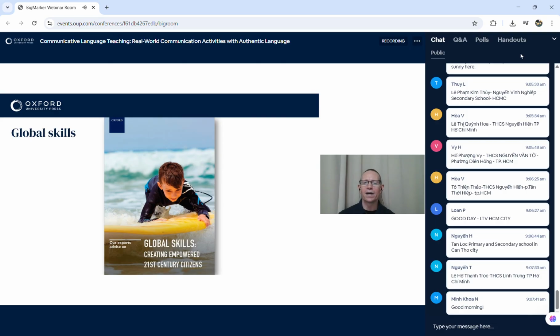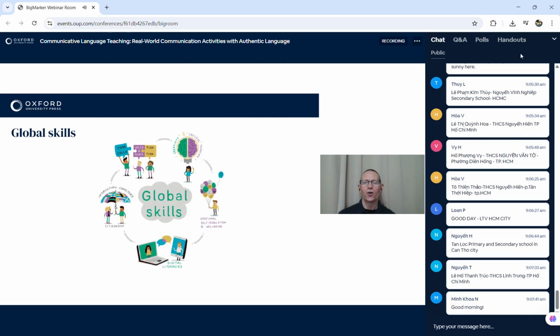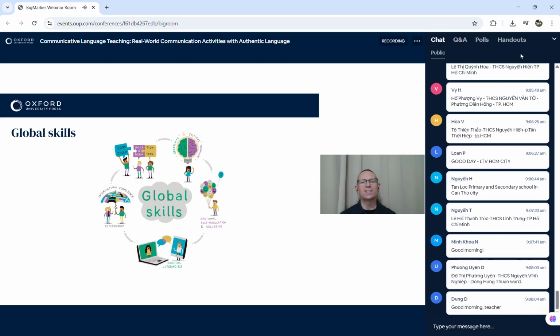Within the paper, the experts who wrote it identified 5 groups of important skills. So in addition to communication, we also have collaboration, creativity and critical thinking, emotional self-regulation and well-being, digital literacies, and global citizenship.